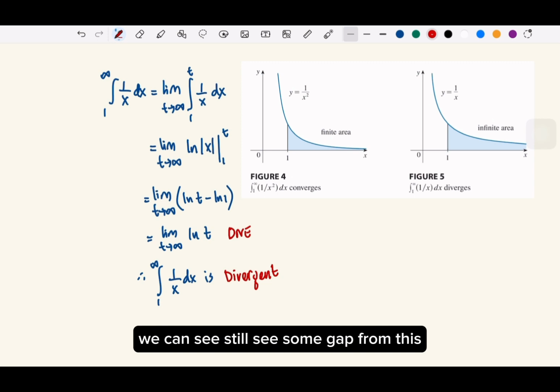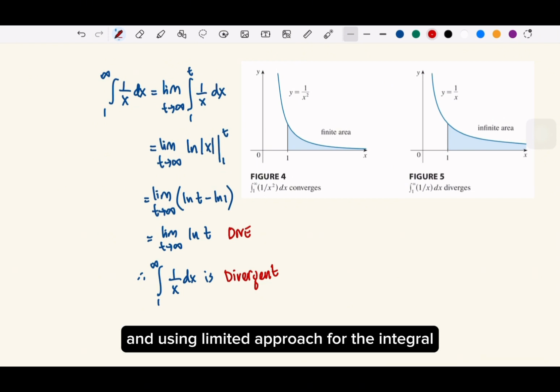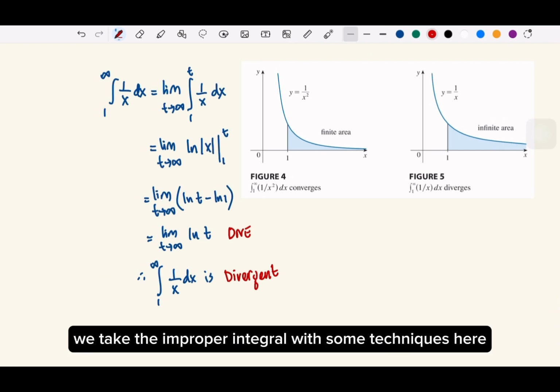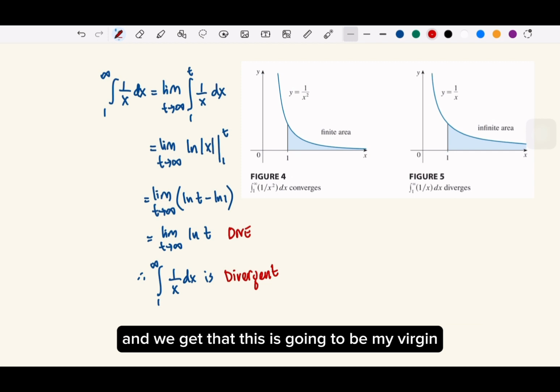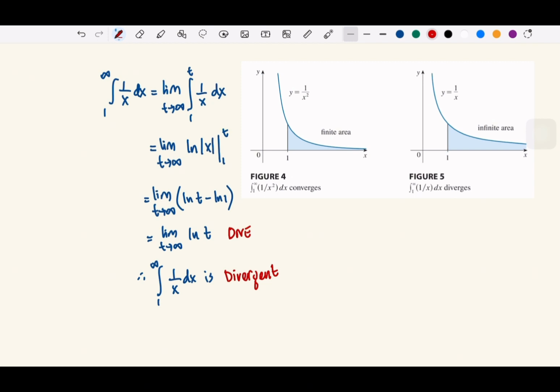We can still see some gap between this curve and the x-axis, which means that the area will be infinite. And to make sure that our observation is correct, we can check using the limit approach for the integral. We take the improper integral with some techniques here, and we get that this is going to be divergent. So 1 over x squared from 1 to infinity is convergent, but 1 over x is divergent.